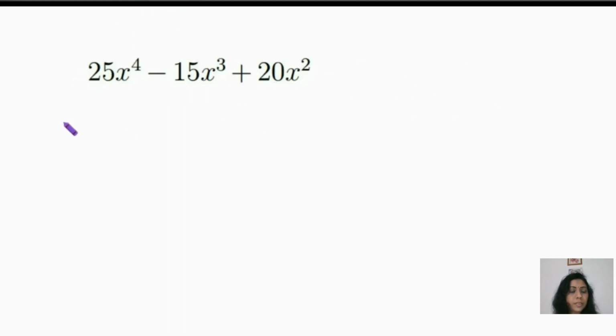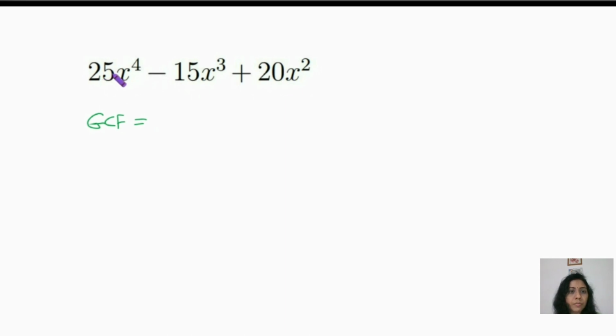Okay. Here is another question: 25x to the power 4 minus 15x to the power 3 plus 20x squared. So here we can first find the greatest common factor of the numbers 25, minus 15 and 20.